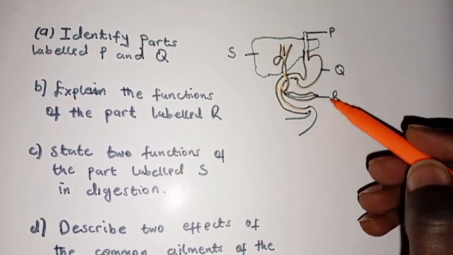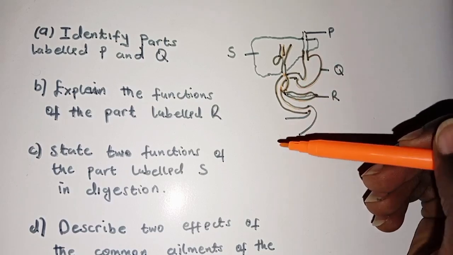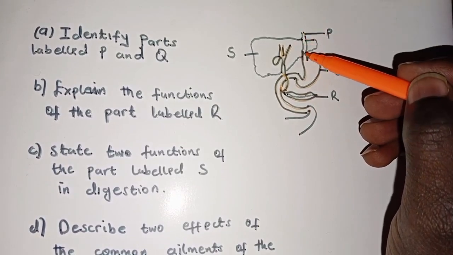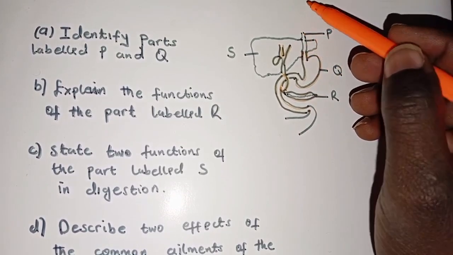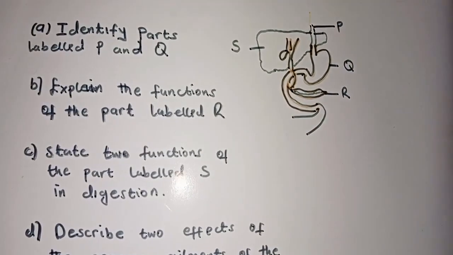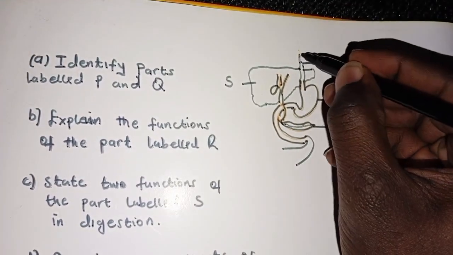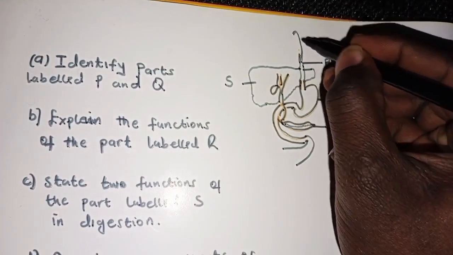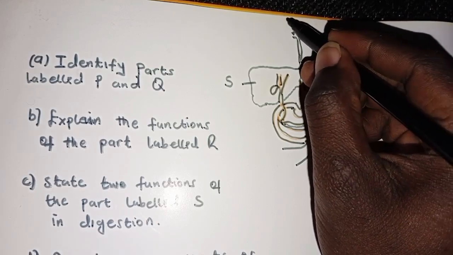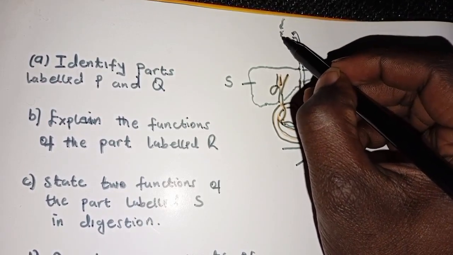So we have this part, P. This part comes all the way from the stomach. If we continue this path, just to give an illustration, it goes all the way like that, and this is where you have a person's mouth.